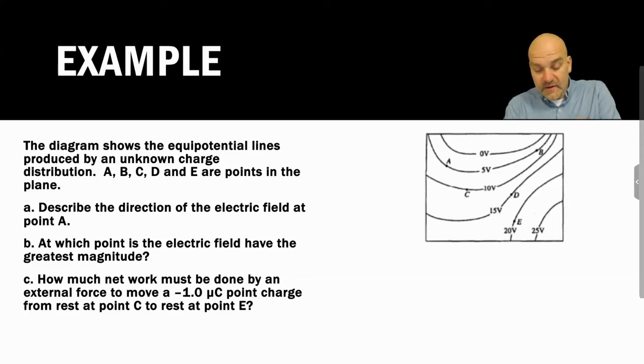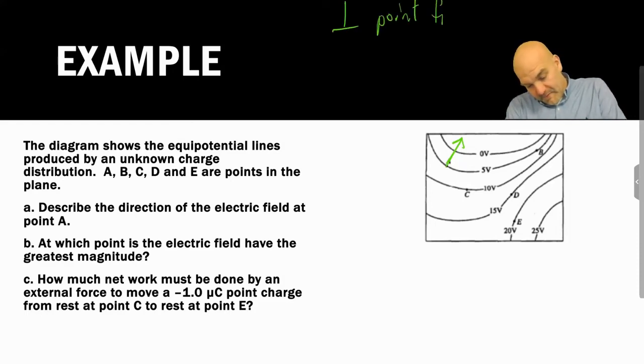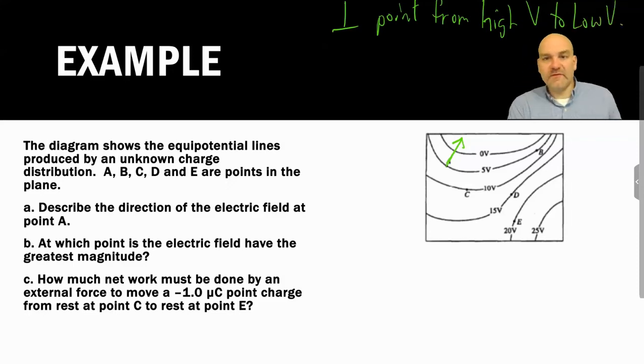If you look at the different points, one thing to note is that the E field lines and the equipotential lines are perpendicular to each other. And remember, the field points perpendicular to the lines, from high V to low V. So for part A, it's going to be perpendicular to these equipotential lines, pointing from the 5-volt line to the 0-volt line.